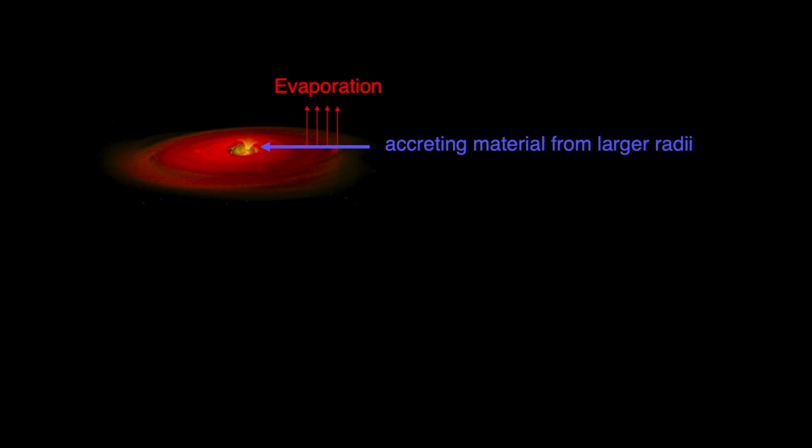Just quickly, a sketch to see why this actually destroys a disk. Here's a disk. It has accreting material coming from the outside all the time. We discussed this very briefly a few slides ago. And then there is this evaporation, this disk wind that's driven by the irradiation of the disk with high energy photons.